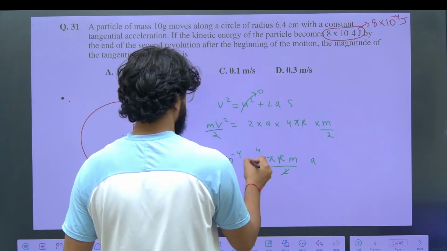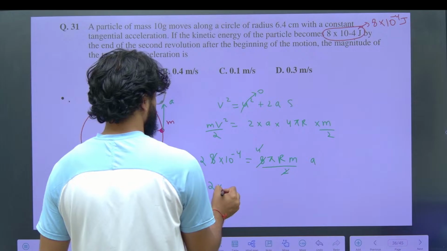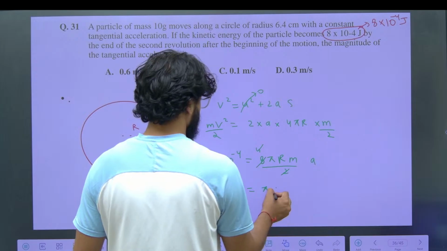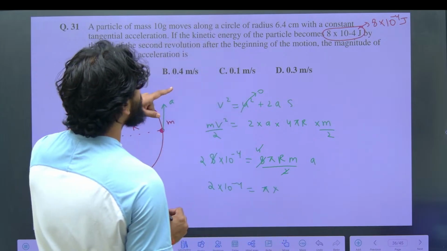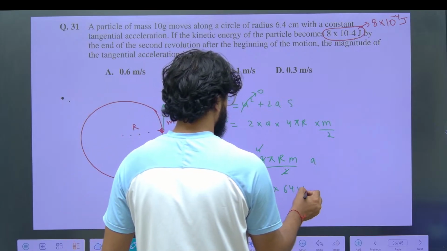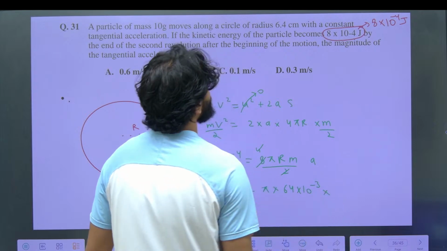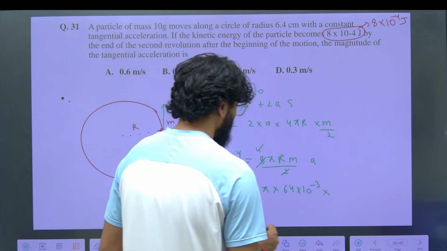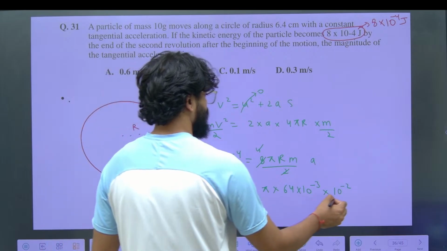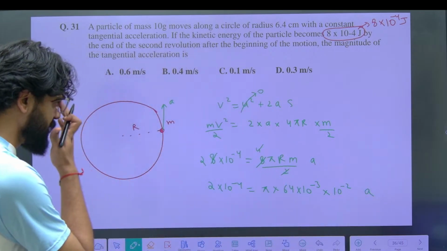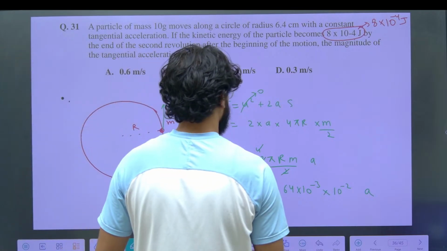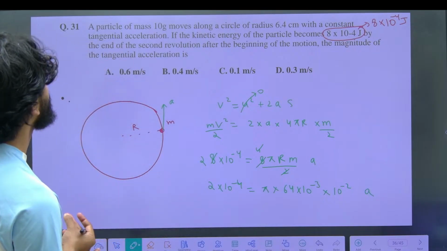Let's polish it a little bit. Pi into r is 6.4 centimeter, so that is 64 into 10 to the power negative 3 meter, and mass is given as 10 gram, so 10 into 10 power negative 3, so 10 power negative 2. So from here whatever is the answer, it is correct.